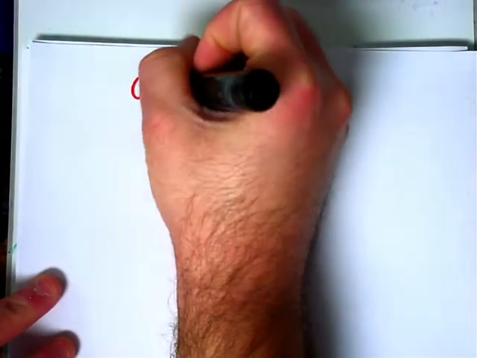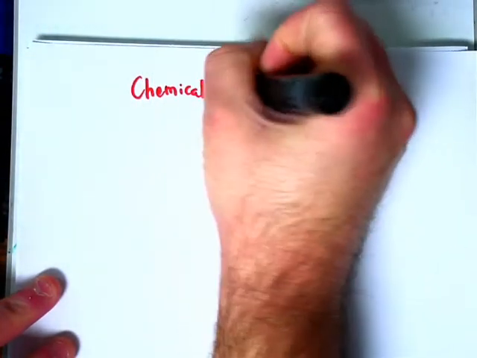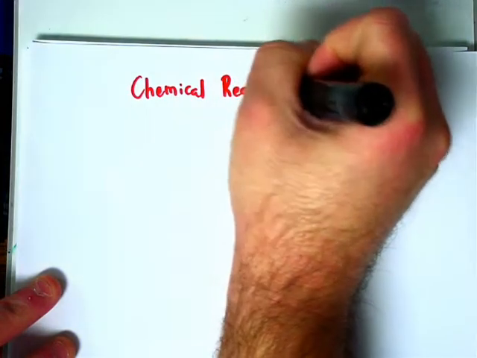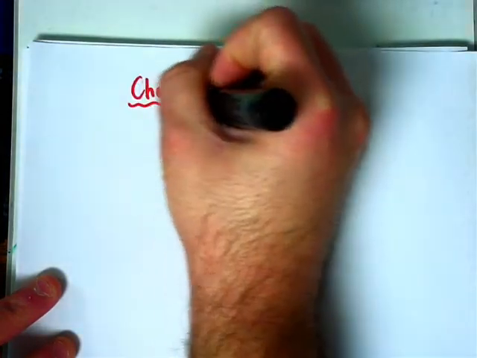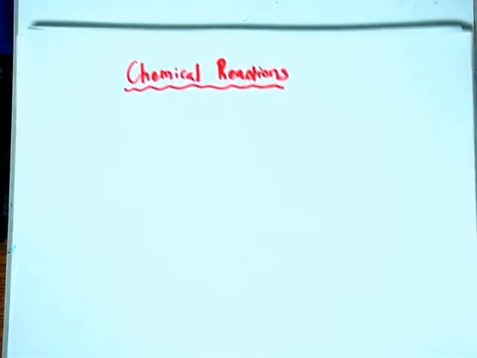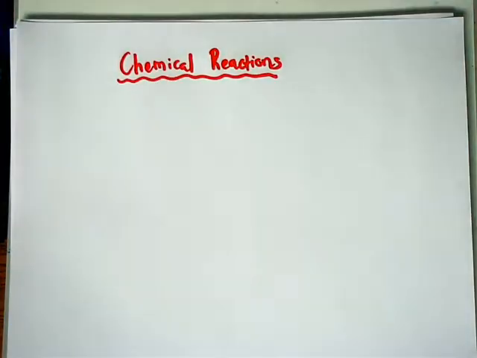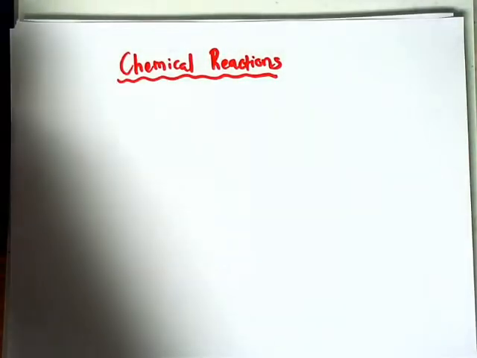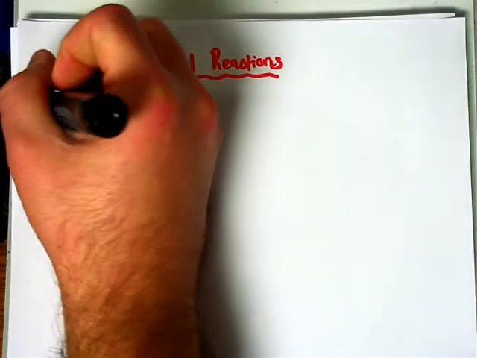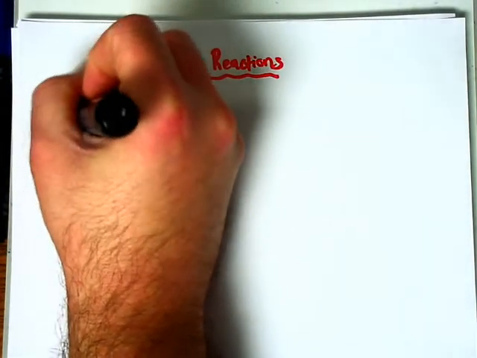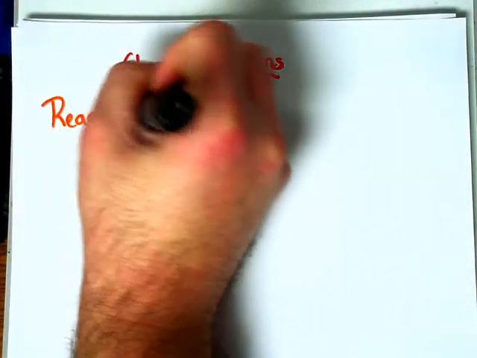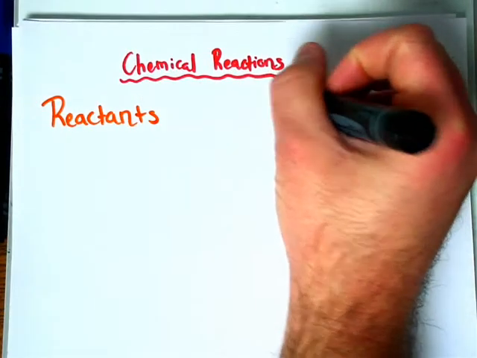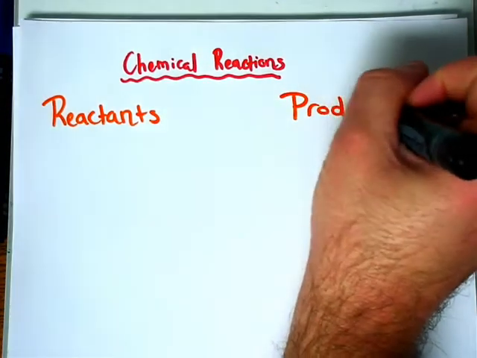So let's get into that unit where we're talking about chemical reactions. And in chemical reactions, I want us to see that there's a before and after effect. We've got reactants on the left and products on the right.